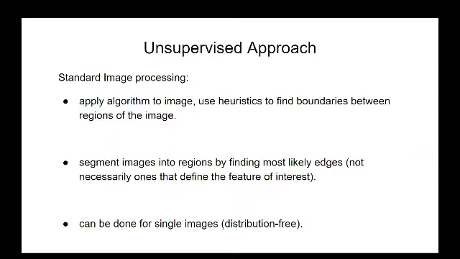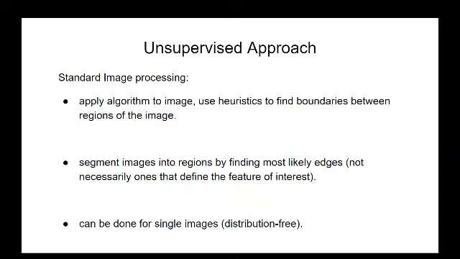And then also in this type of approach, we want to segment images into regions by finding the most likely edges, but not necessarily the ones that define the feature of interest. And I think you'll see in some of the pictures coming up that sometimes there's noise or there are things that confound the image that the algorithm locks onto and defines as an edge, whereas it's not actually an edge.